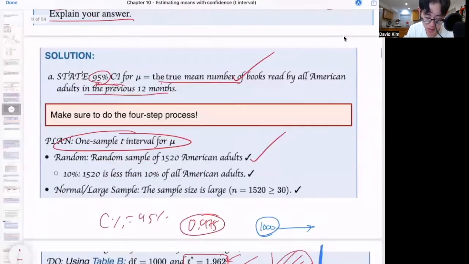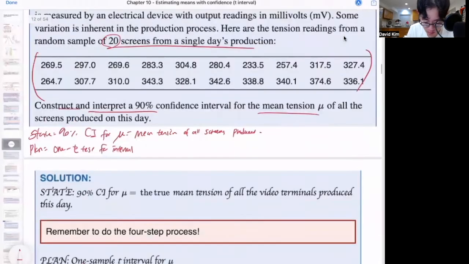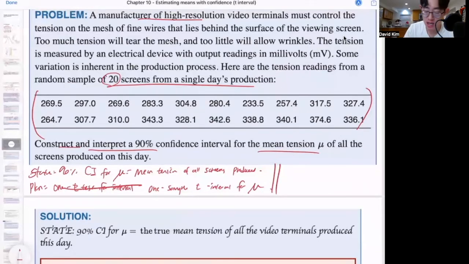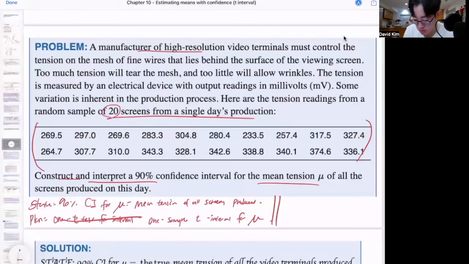Sorry, one sample t interval for mu. Okay, so that will be a much more accurate way of saying it. That is something you just say for what type of test you're going to be doing.